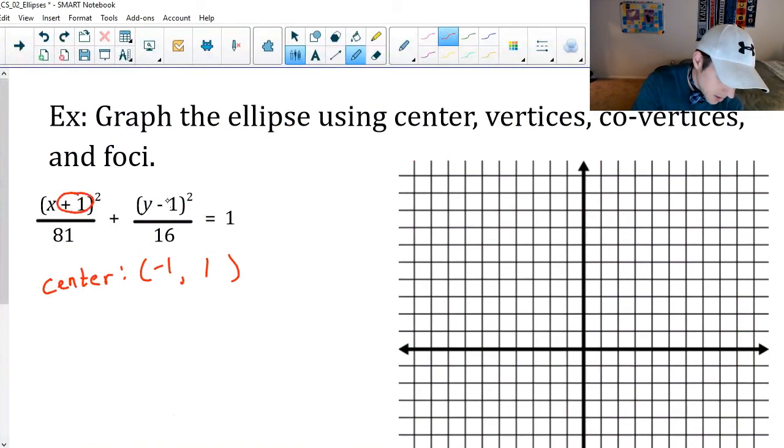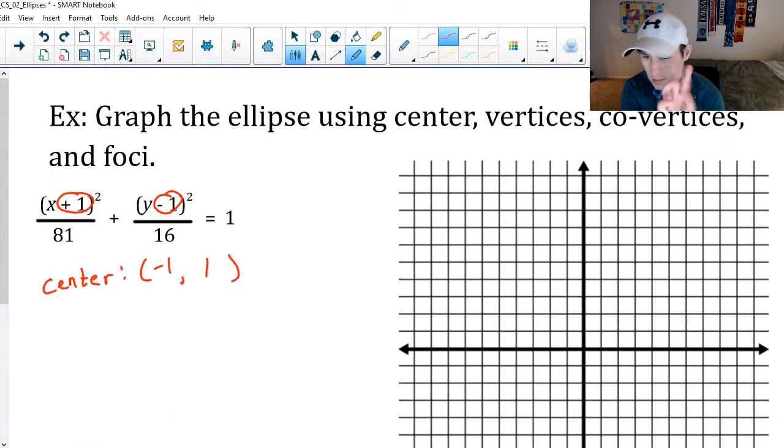Right, and we get that by seeing the +1, -1. But remember each spot it changes the sign. So x +1 means we have -1 for the x spot. y -1 means we have +1 for the y spot. So there's our center.